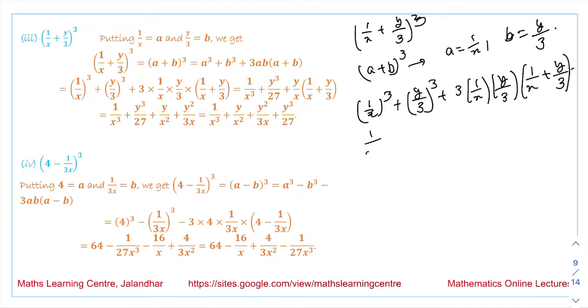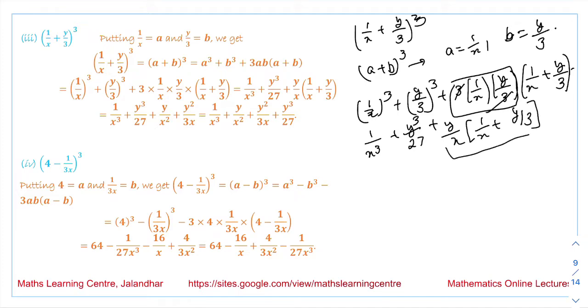So it is 1 over x cube plus y cube over 27 plus, when you multiply these terms, 3 gets cancelled, so you are left with y over x, and the next term is (1/x + y/3). In this part, when you multiply, it is y over x square, and the next part is y square over 3x, and this is the final answer.